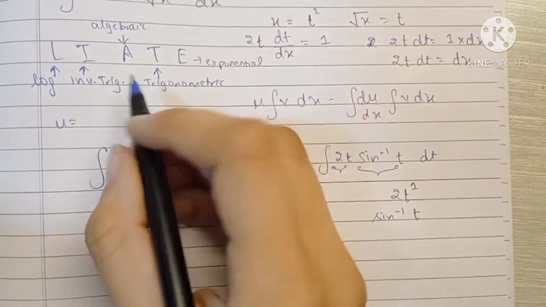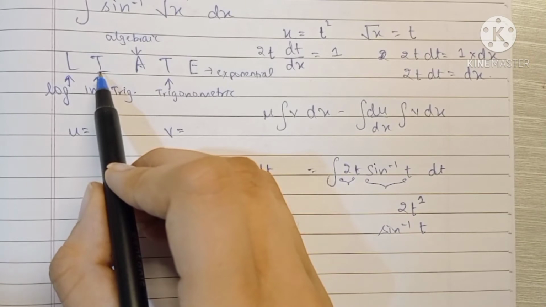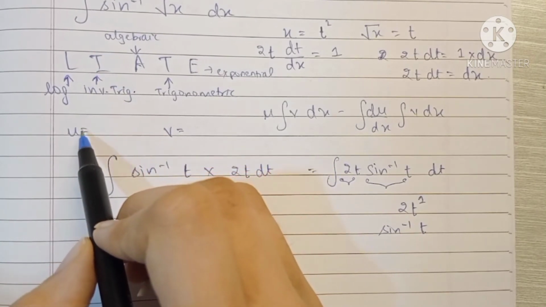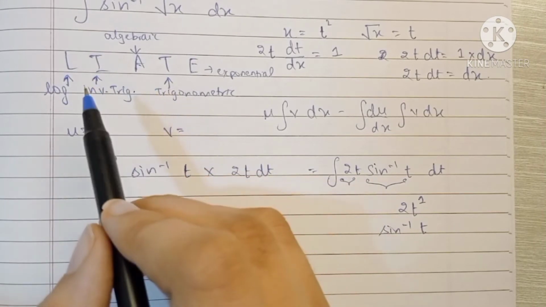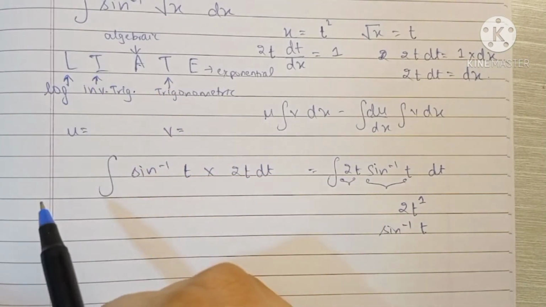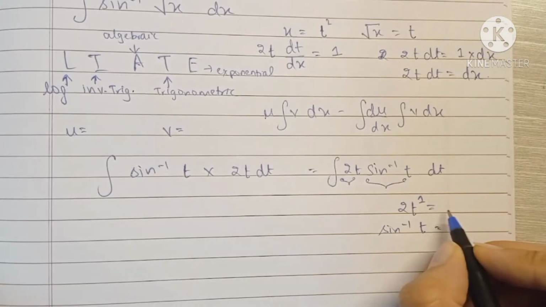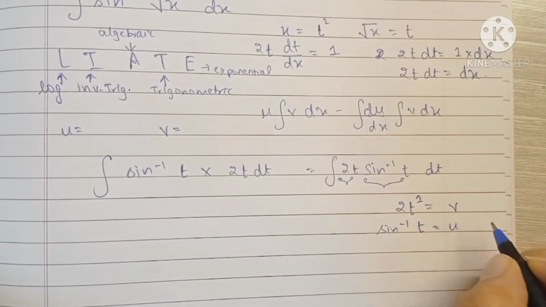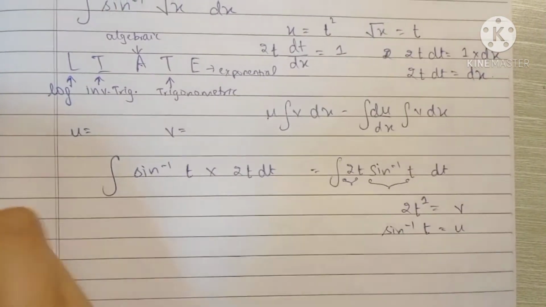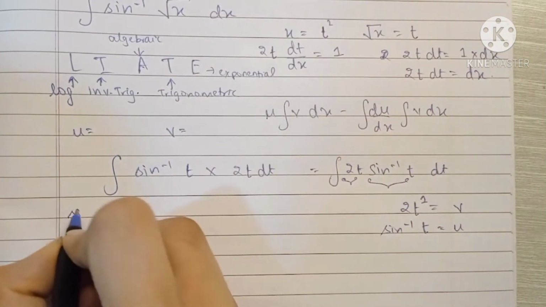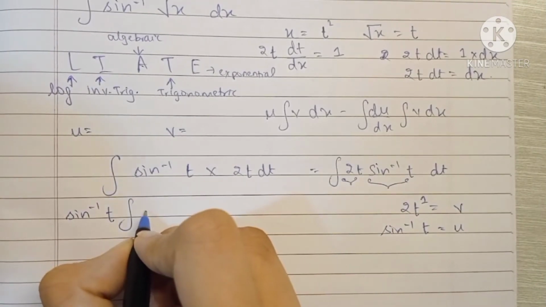Now inverse trigonometric comes before algebraic in LIATE, which is the order of preference for the first term, that is the u term. So I'll keep the inverse trigonometric term as u and the algebraic term as v, because algebraic comes after inverse trigonometric.